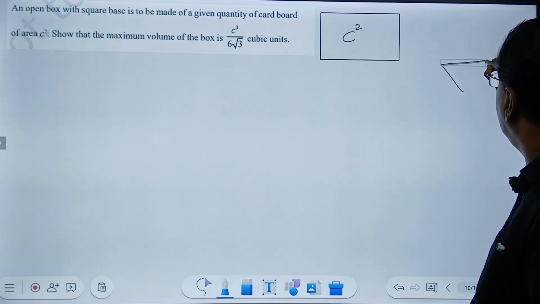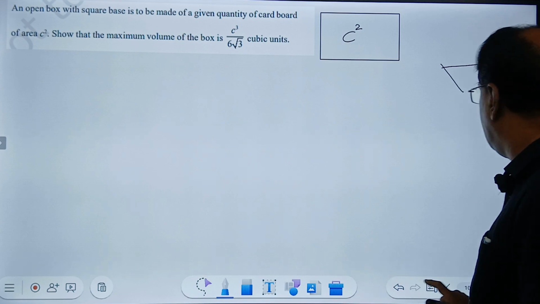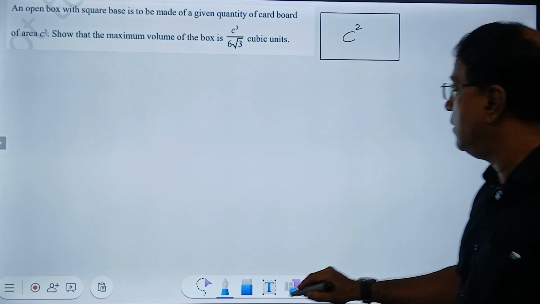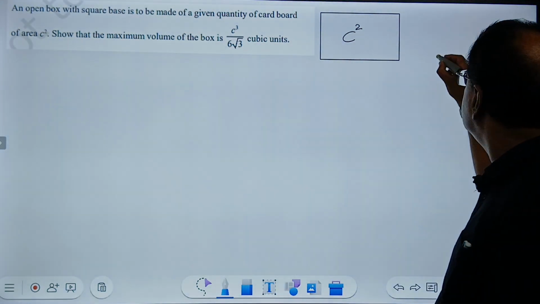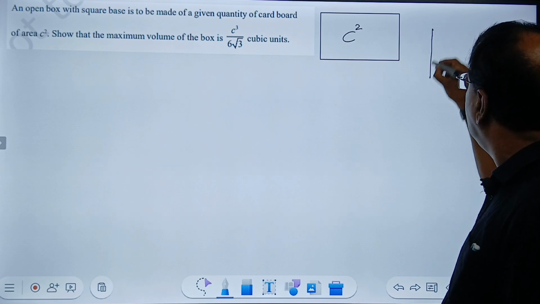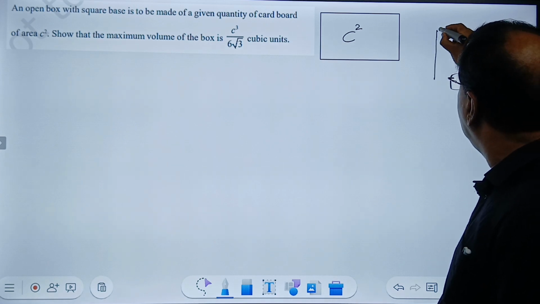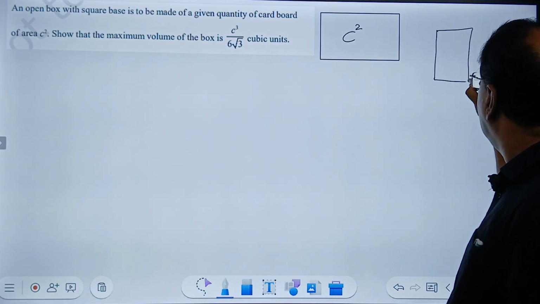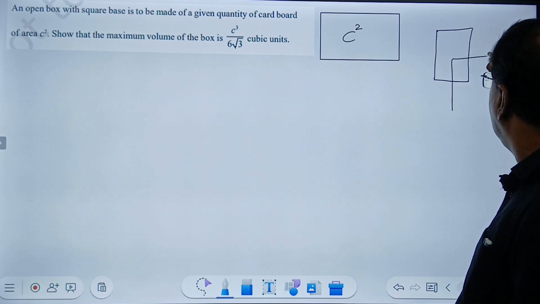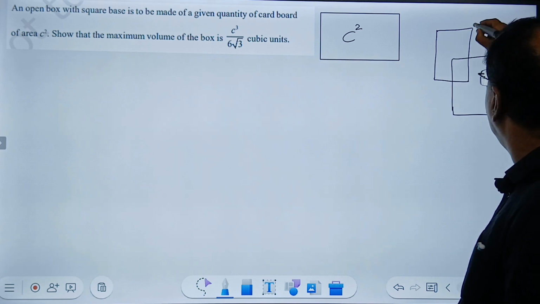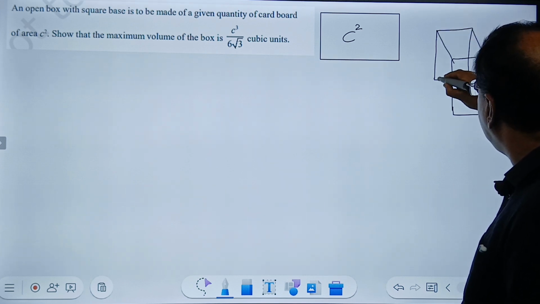So this is the open box. So it has a square base.